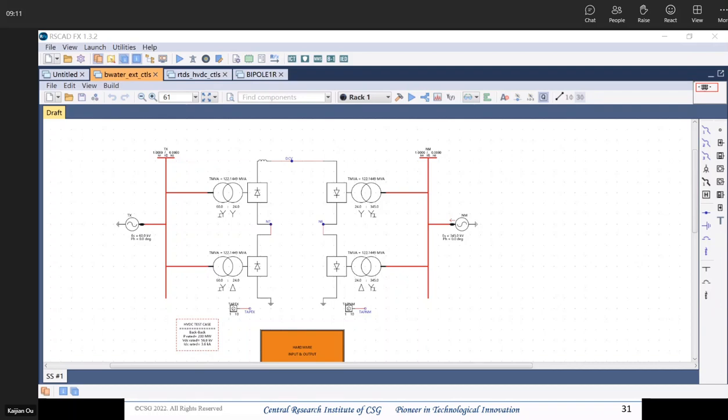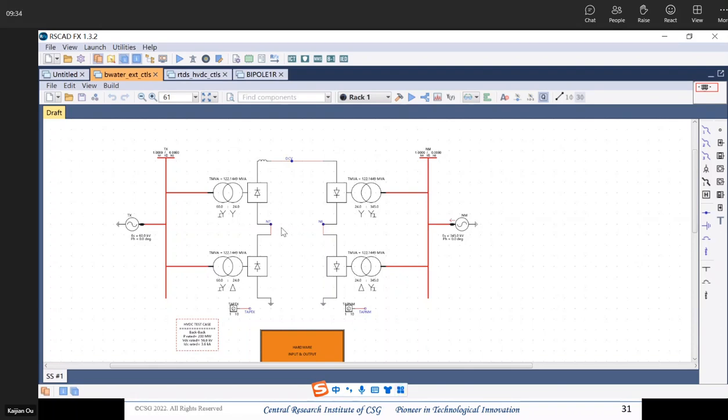Okay, continue. Just now I have shown you the ASCAD model of HVDC.